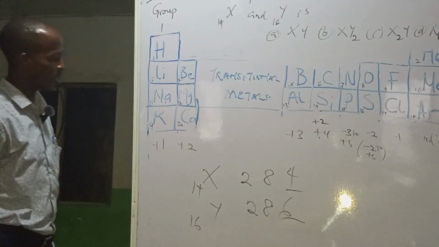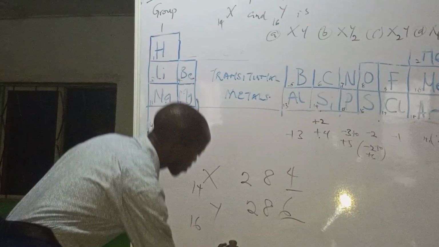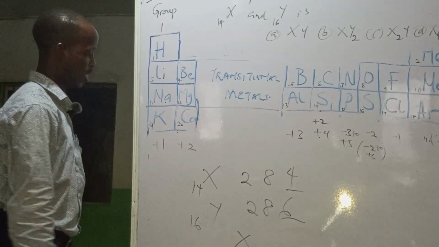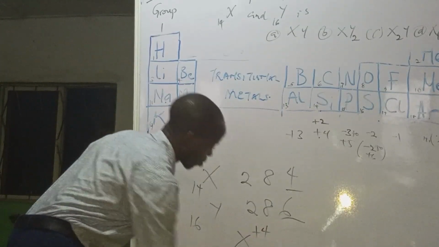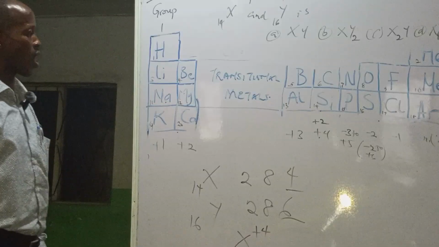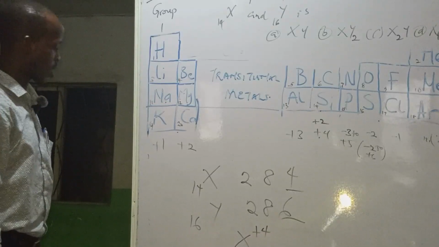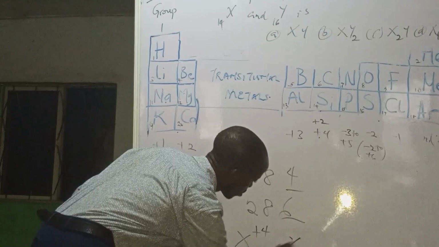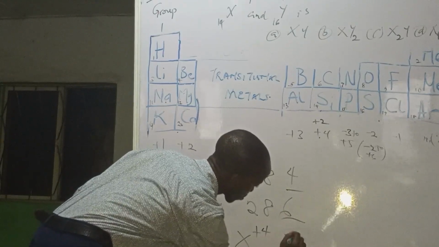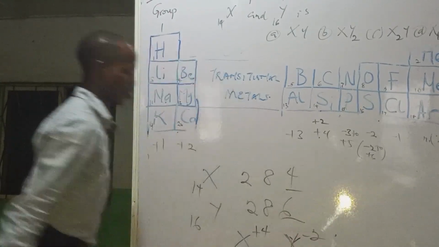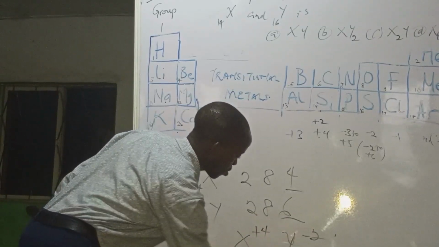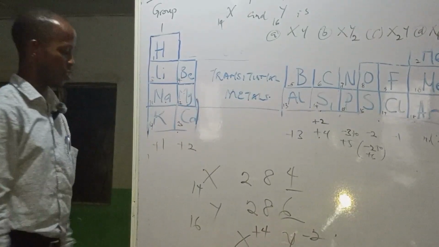So the stable charge for group 4 is +4, as for carbon. And then the stable charge for Y, which is group 6, is, let's say, -2. So therefore, we have to balance it.